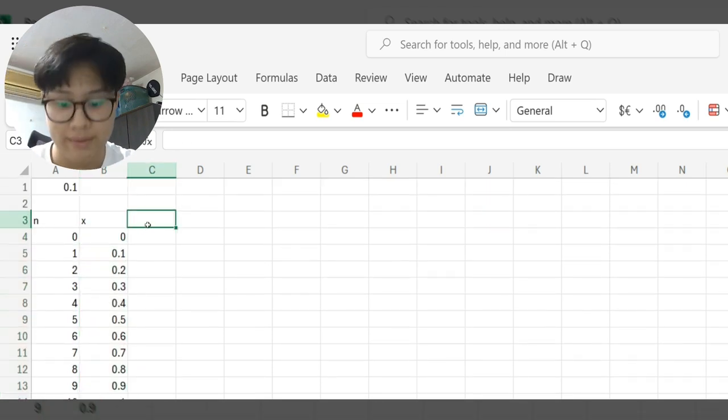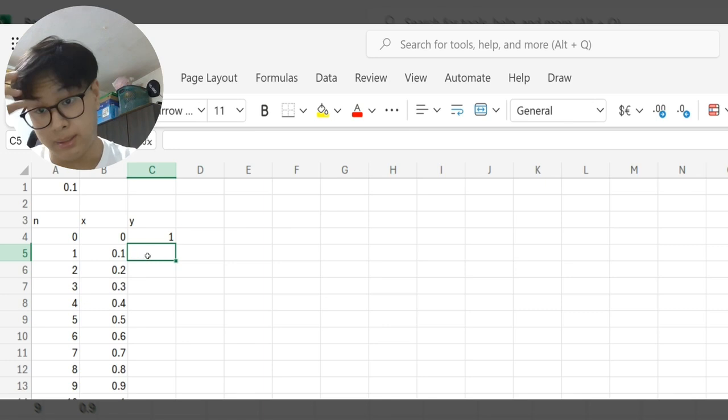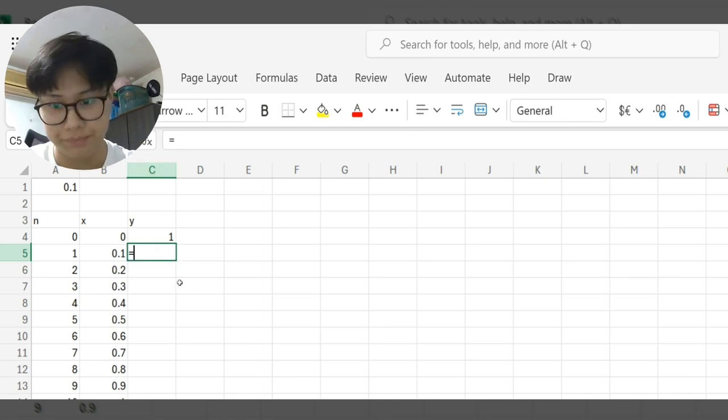And then to find the y value, we have to take the previous y plus the increase in y, and we're given that when x equals 0, y equals 1.